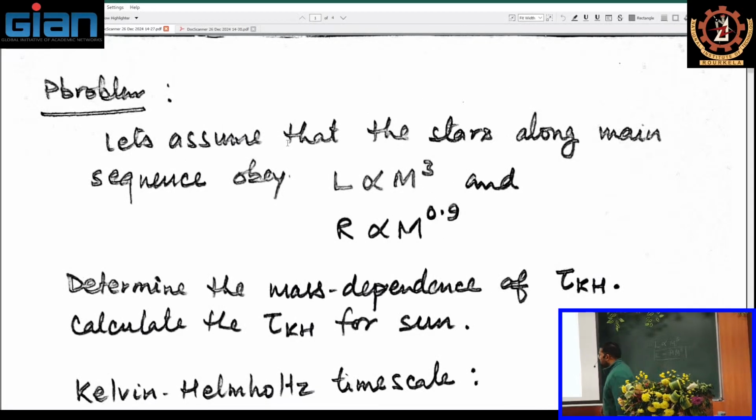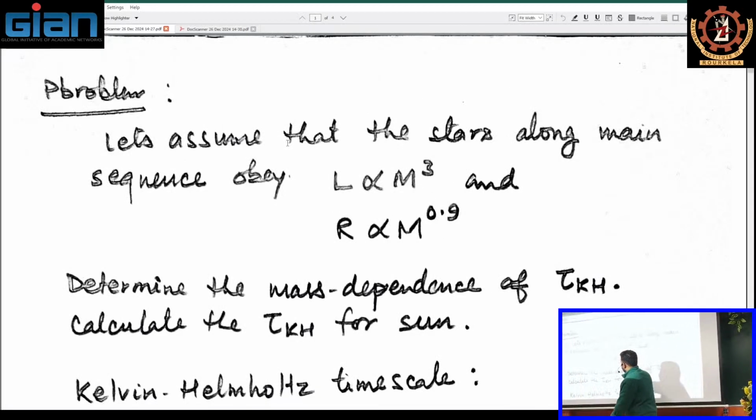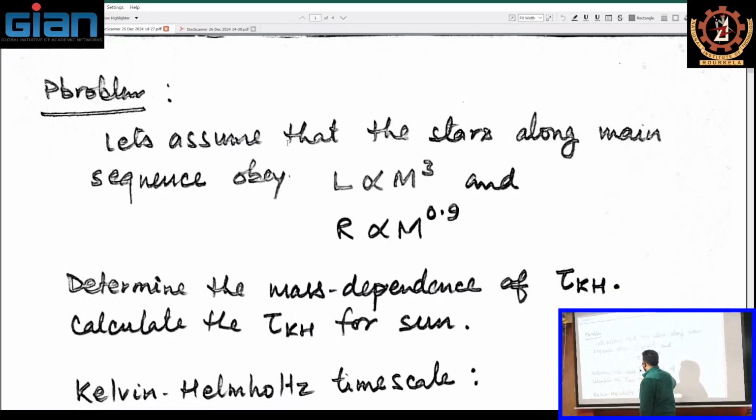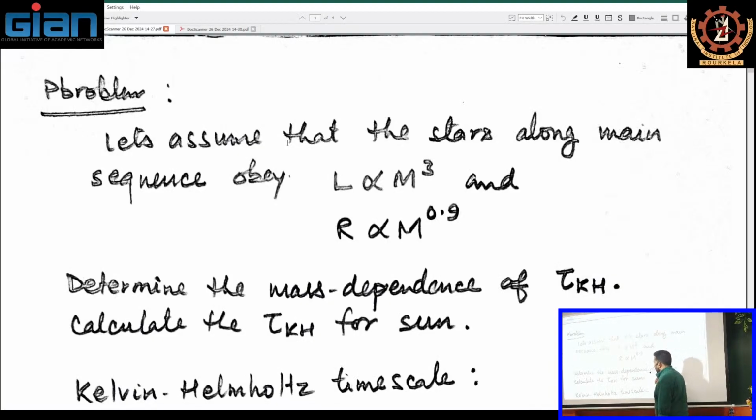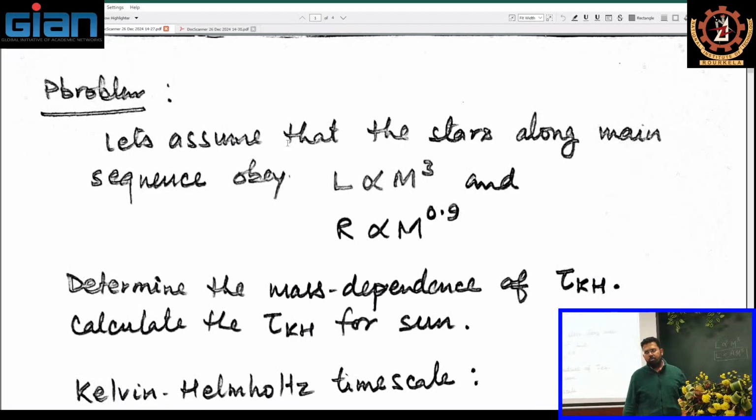But for the time being, let's first determine the mass dependence, not the time dependence, of the Kelvin-Helmholtz time scale, and then calculate the value of the thermal time scale for the case of the Sun.